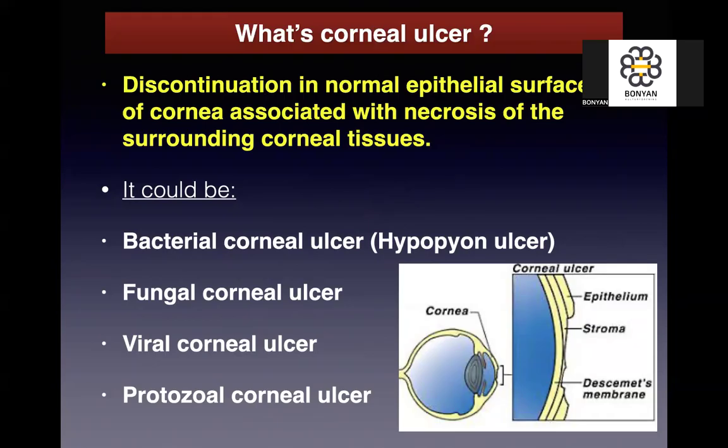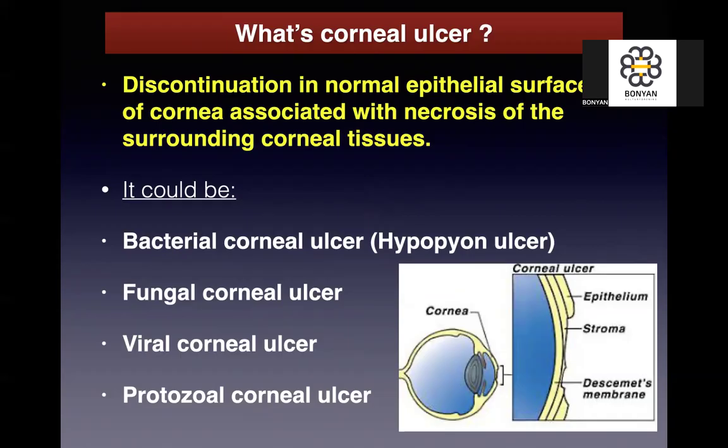Firstly, discontinuation means tissue loss, which is different from the corneal scratch. So you have to differentiate between the corneal scratch and the corneal ulcer. Corneal scratch means that there is an injury to the corneal surface, removing just part of the epithelial layer, which is not associated with inflammation, induration, or infiltrations.